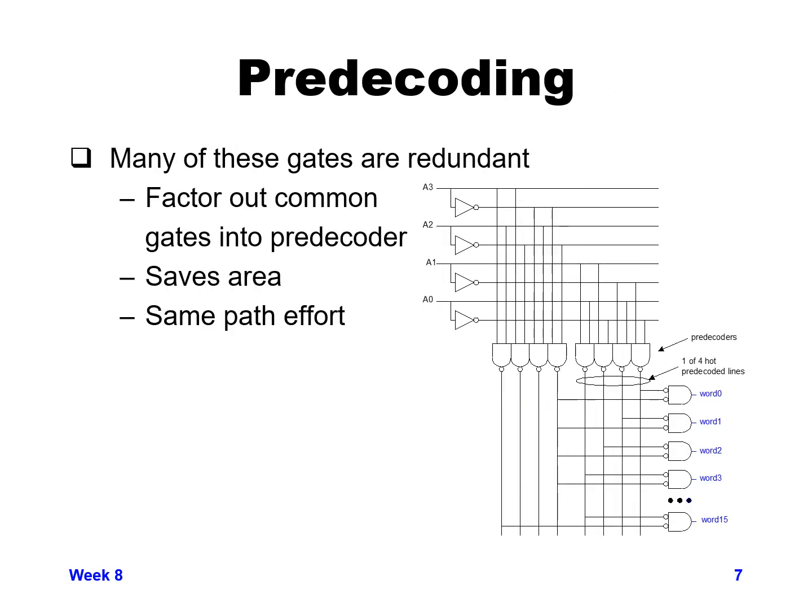So here we're showing the concept of doing pre-decoding. If you go back to the previous slide, you would see that for each word line we had two 2-input NAND gates followed by a 2-input NOR gate. Turns out if you look at all 16 word lines, a lot of those 2-input NAND gates that you had for each word line are replicated and redundant.